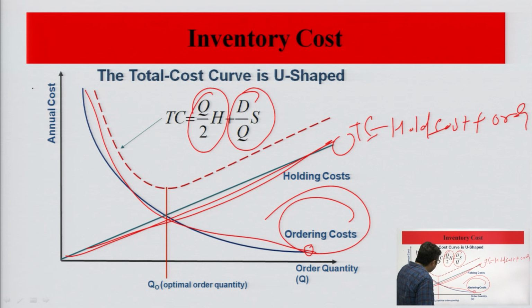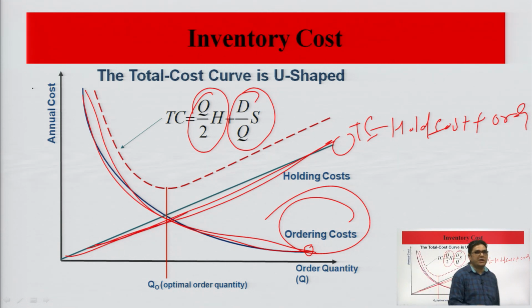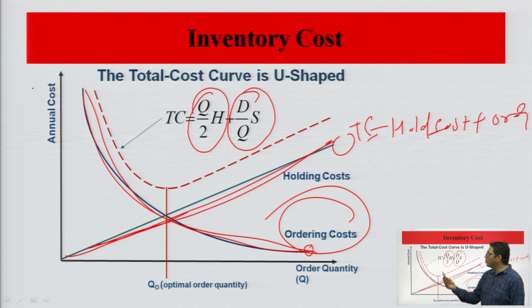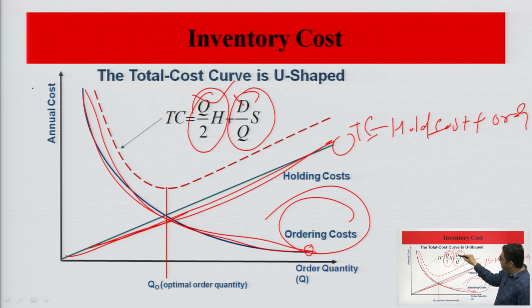As the ordering cost is continuously coming down, on the other hand the holding cost is increasing, and in order to calculate the total cost, we can use this formula: Q upon 2 H plus D upon Q S. This portion is part of holding cost and this portion is part of ordering cost.